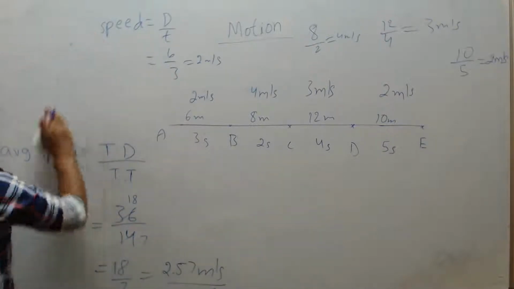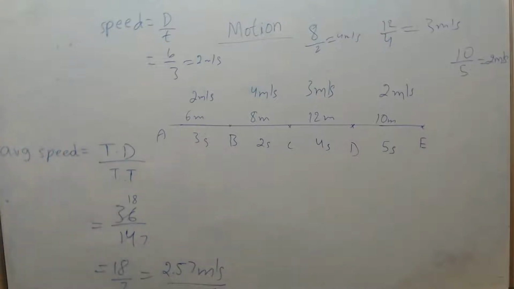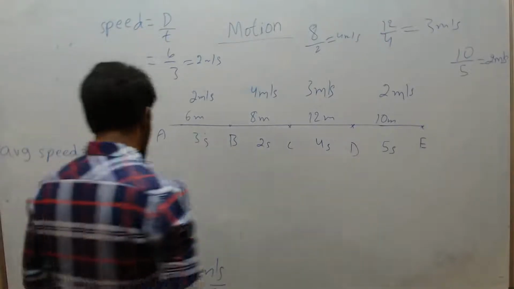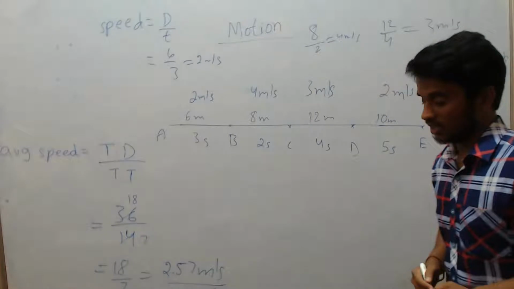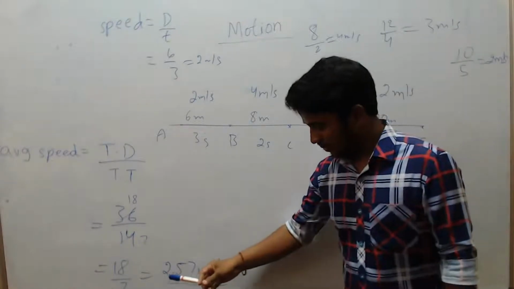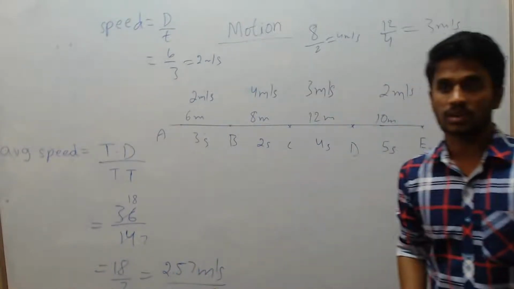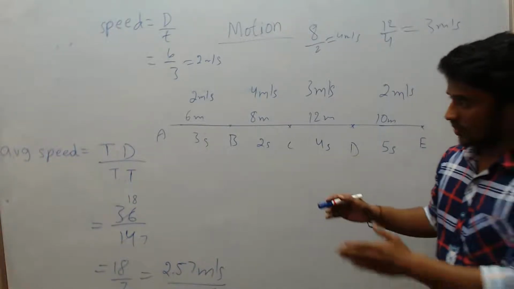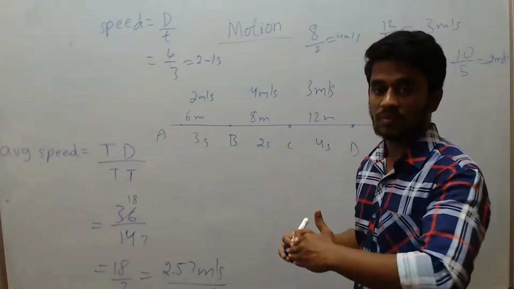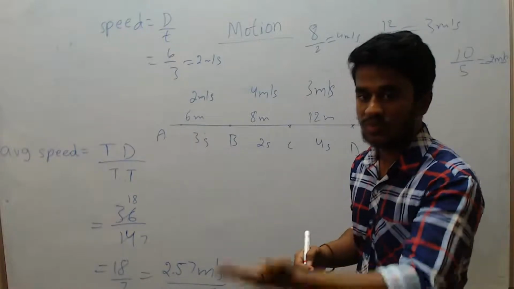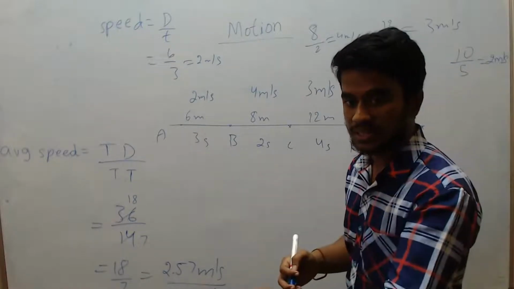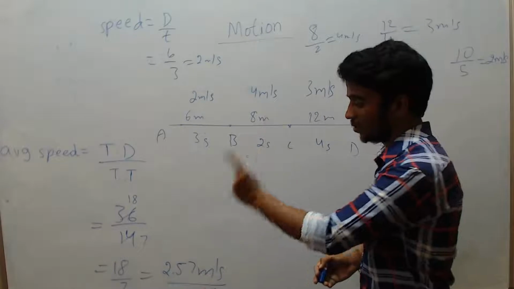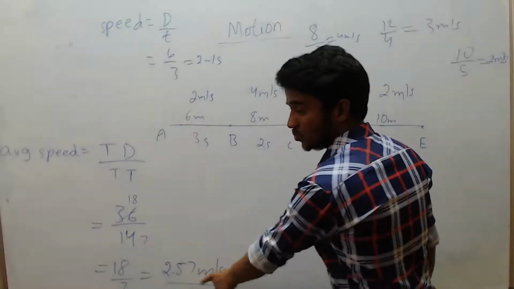See here, what is the meaning? If I say the average speed is 2.57 meter per second, it means that while traveling, the object sometimes increased speed, sometimes decreased, but the average speed is 2.57.